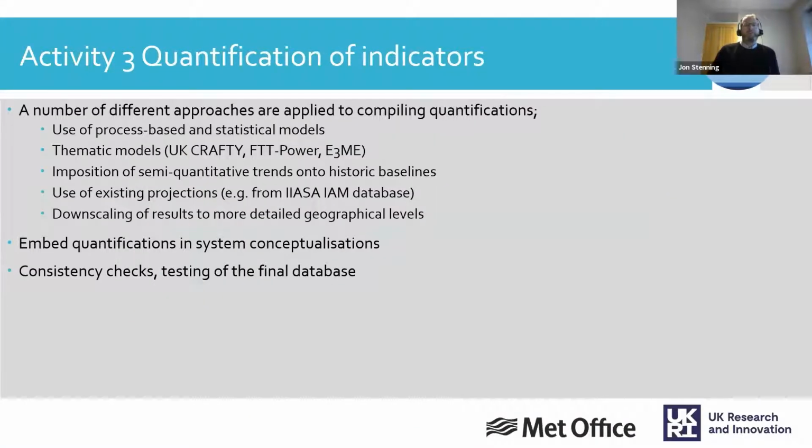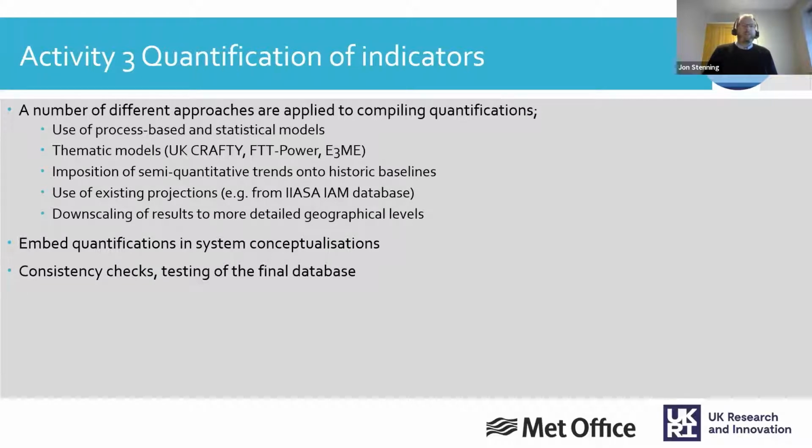And then activity 3, and the bit that we're now chiefly engaged in, is the quantification of indicators. And there's a range of different approaches being taken here to this quantification. We're using a lot of existing process-based and statistical models.